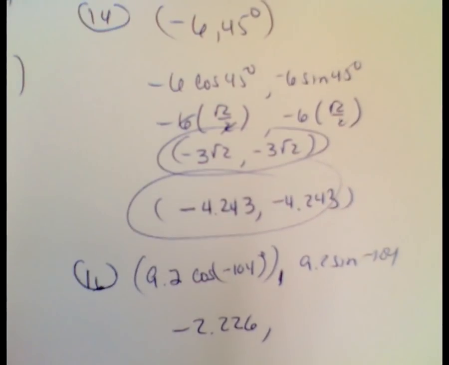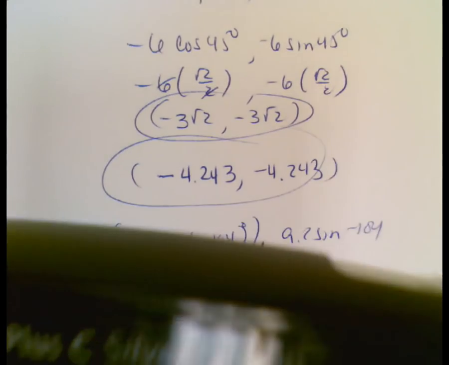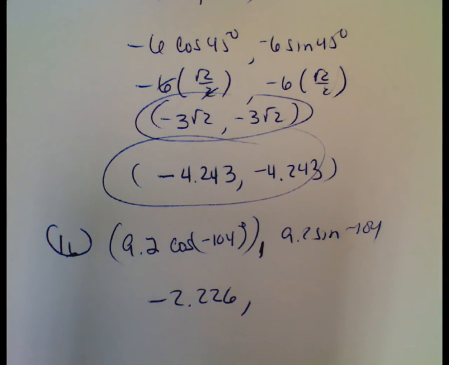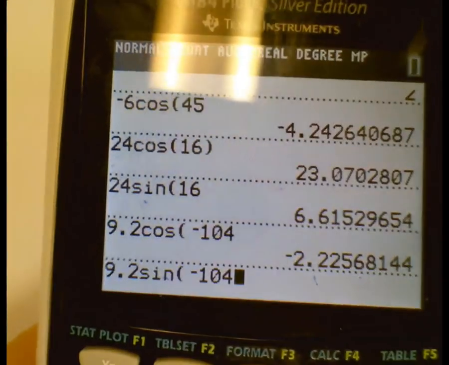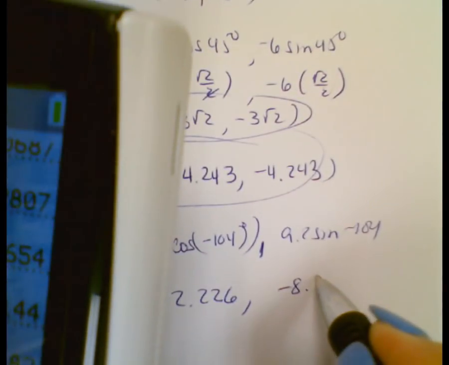You can't see anything. Oh my gosh, I'm so sorry. You haven't seen anything I've done. 9.2 sine of negative 104 is negative 8.9267.